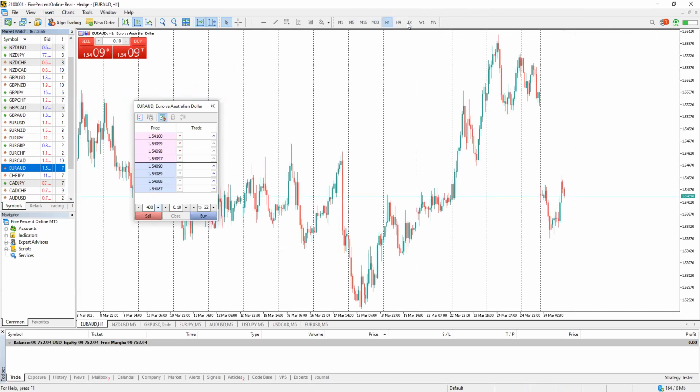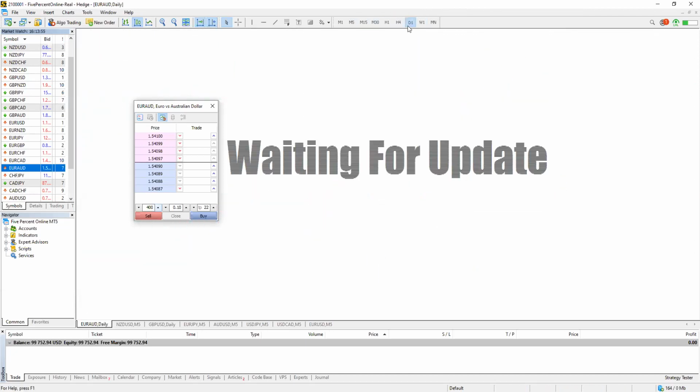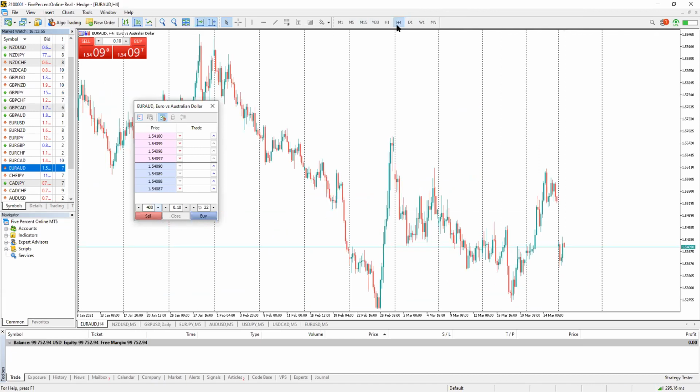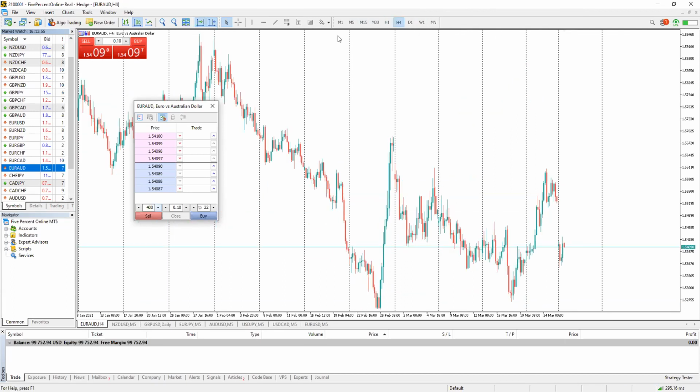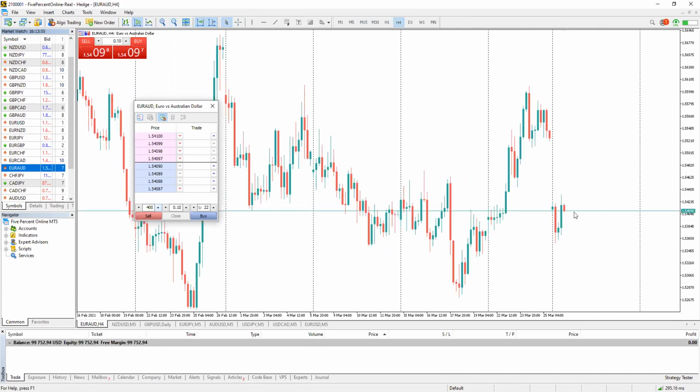Why is there a gap there? So you're looking to buy this market at what price?